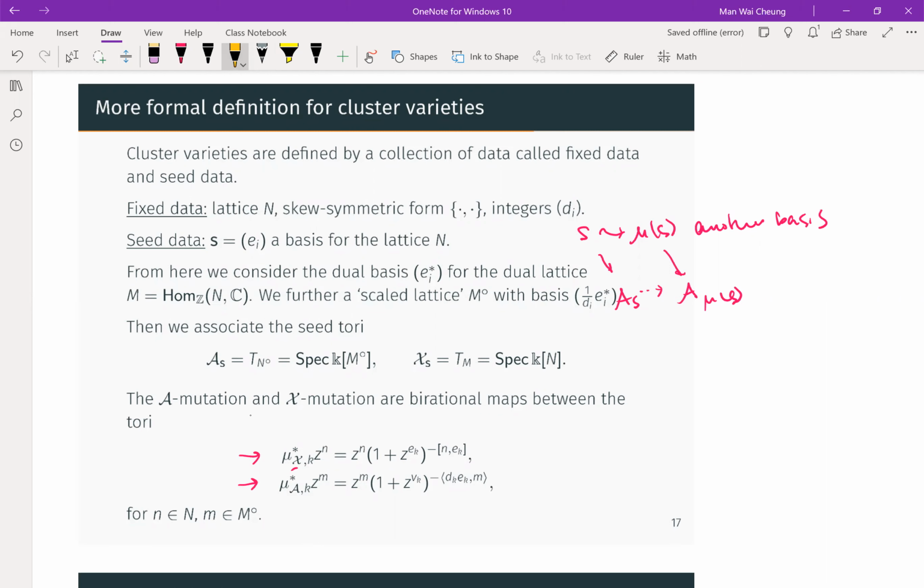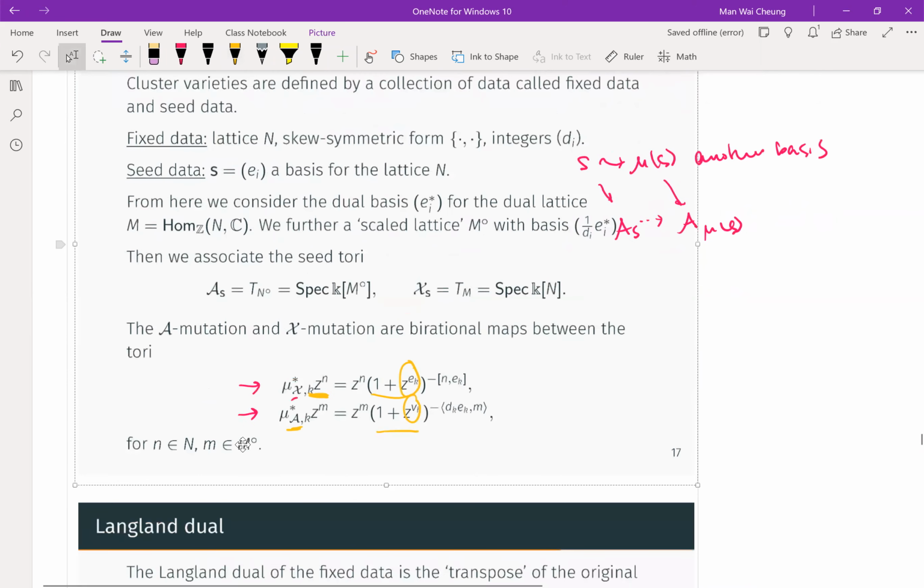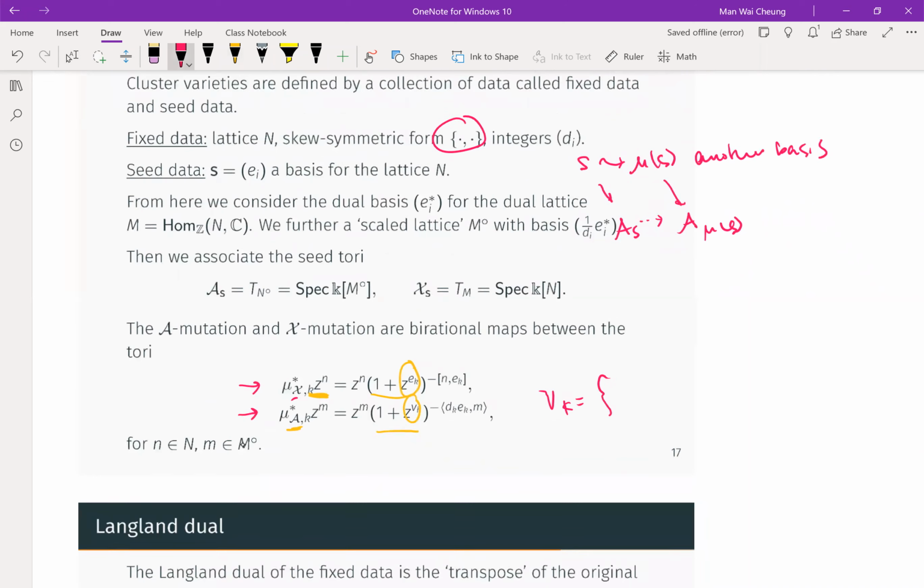So let's just remember something right now. This c_i here, we mutate by 1 plus z^{e_k}, and the mutation at A is 1 plus z^{v_k}. Oh, I didn't define v_k. Okay, v_k here is just, I have this skew symmetric form, which I put this e_k into. This is a kind of dual of our e_k, with the inner product like this.